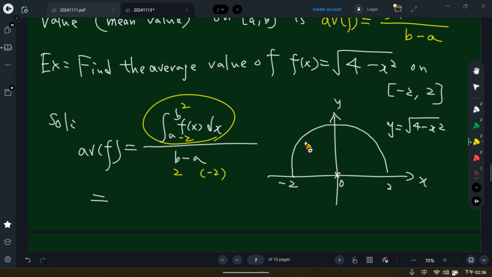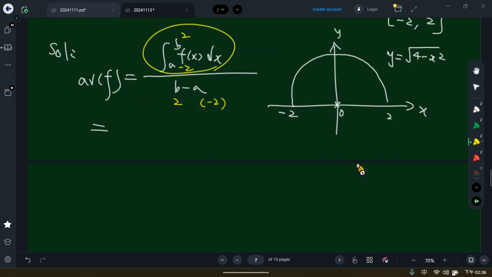As I said, if the function is positive, when we calculate its definite integral, that is equal to calculating its area. So in this case, you can simply use what you learned for the calculation of a circle. So it will be like this, then the area divided by 4, and finally the answer is this one.